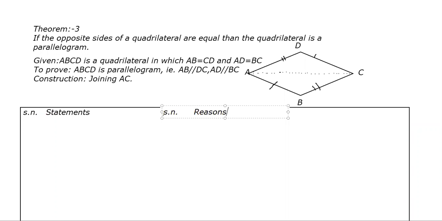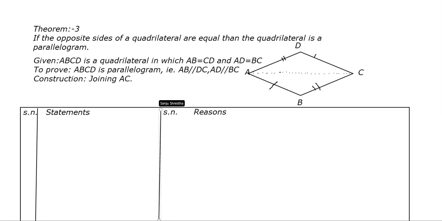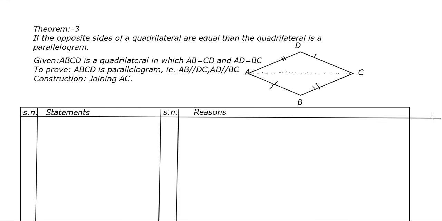First of all, let me make the table. Now your two triangles are here: triangle ABC and triangle ADC.